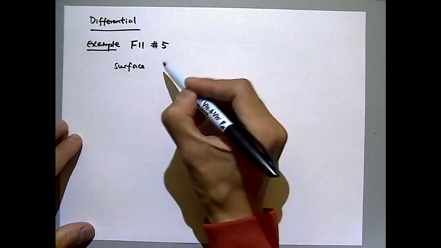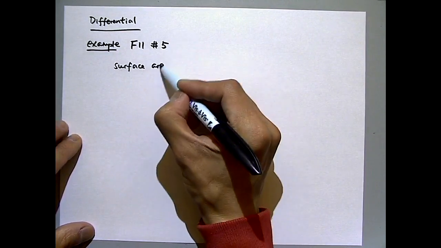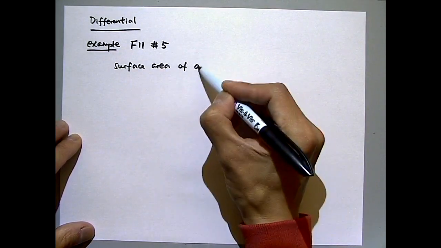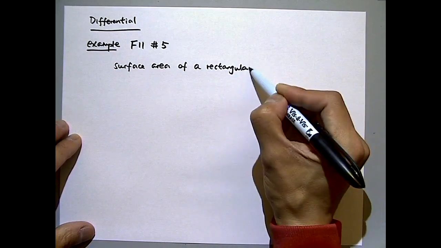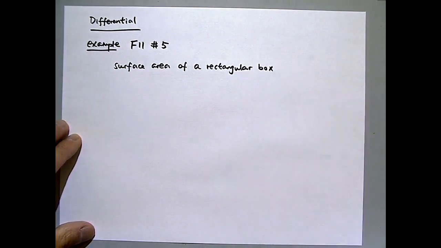In here, we're dealing with the surface area of a rectangular box.